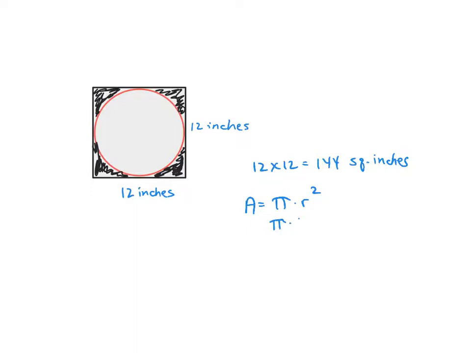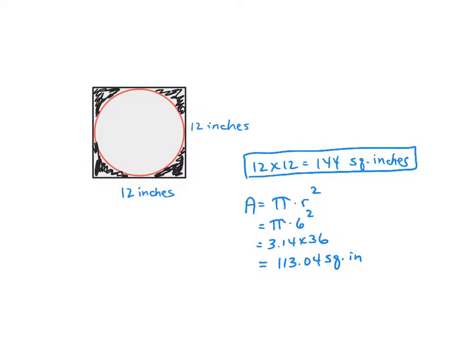So I'm going to have pi times 6 squared. 6 squared gives me 36. So I have 3.14 times 36. If you do the math, that's going to give you 113.04 square inches.